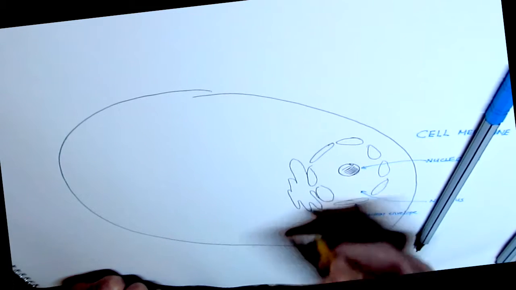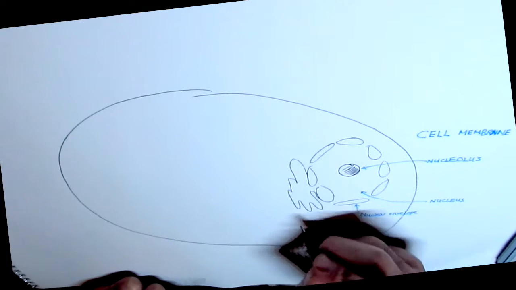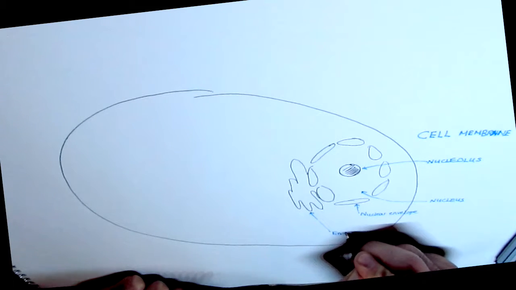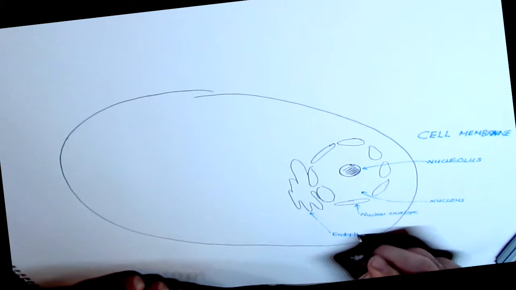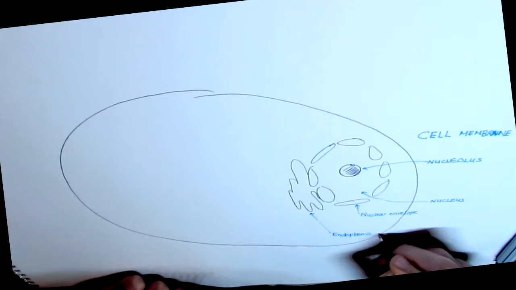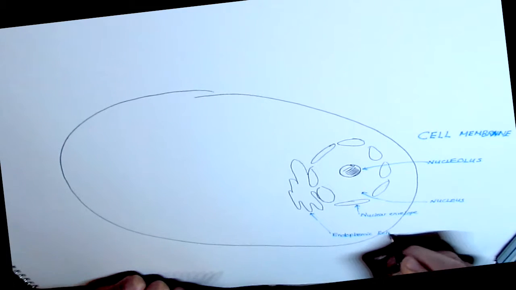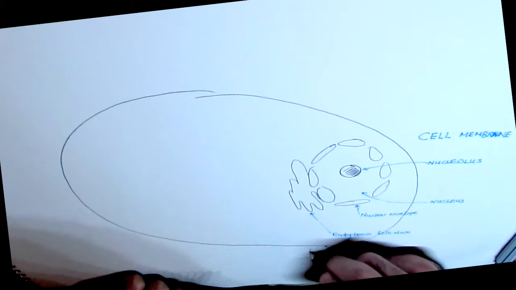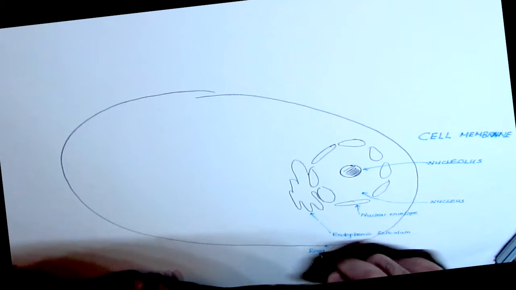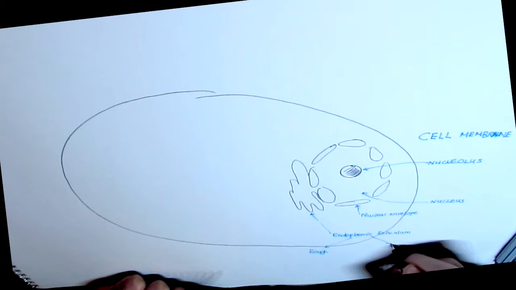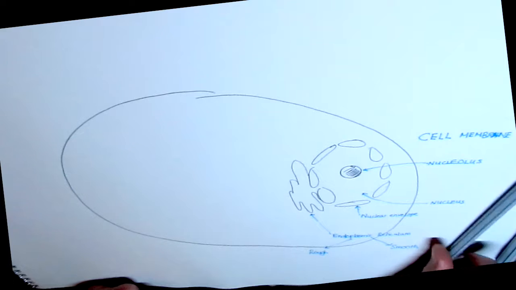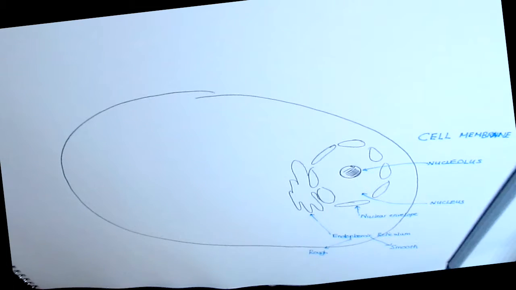The nuclear envelope is continuous with the endoplasmic reticulum, which can basically be split up into two types, which have slightly different functions. Those two types are the rough endoplasmic reticulum and the smooth endoplasmic reticulum.